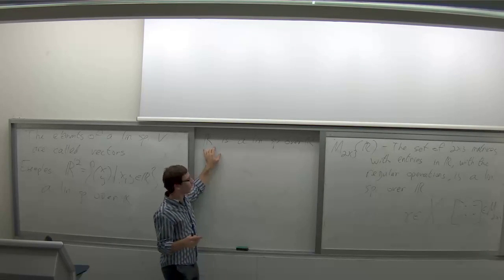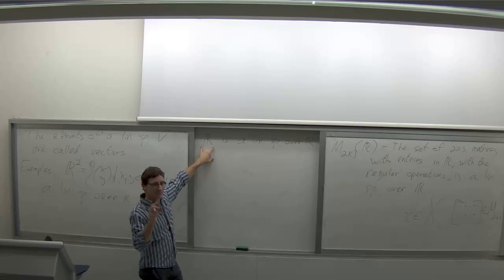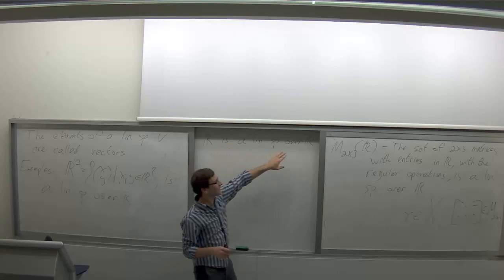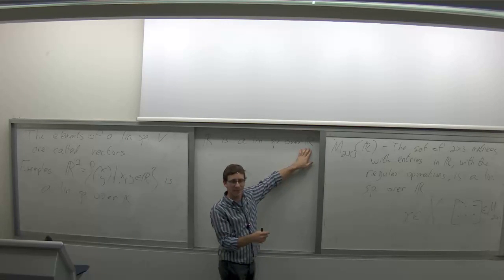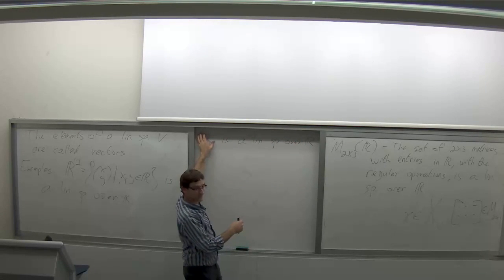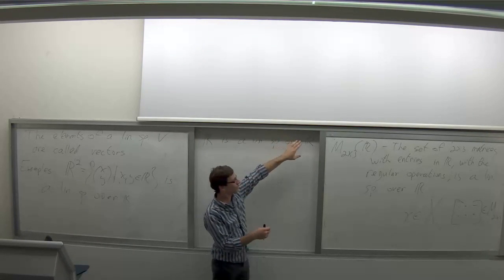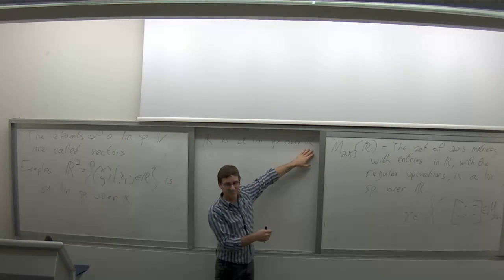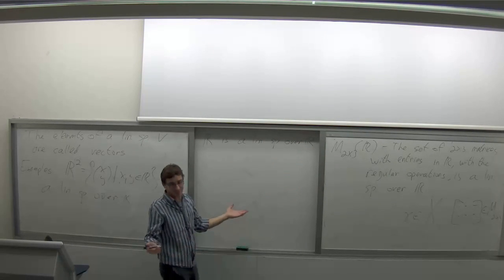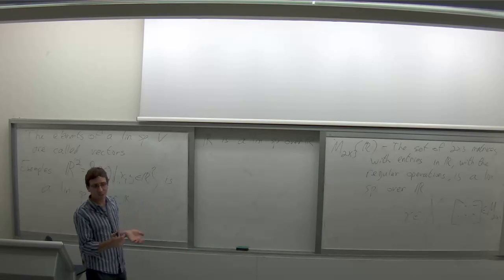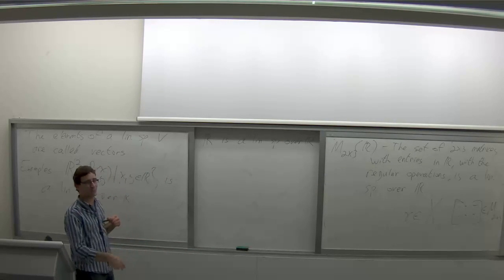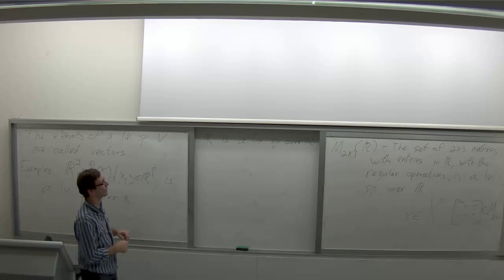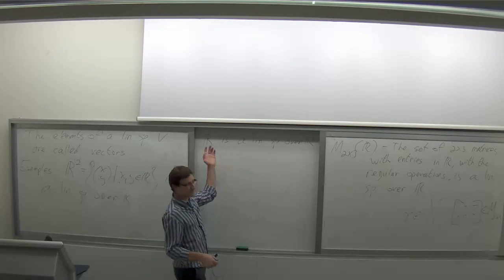And on top of this, we think of another copy of R as the place for all scalars. And we have a multiplication of each element in the vector space with a scalar. And it happens to have all the rules. The summation is commutative and associative, and we have a zero element, and so on and so forth. And the multiplication is distributive.